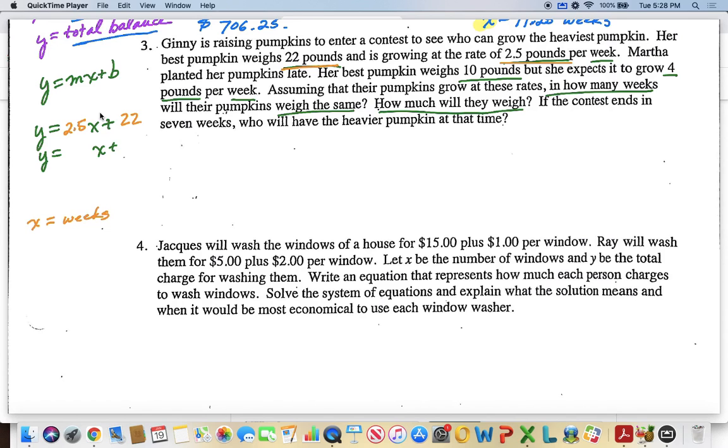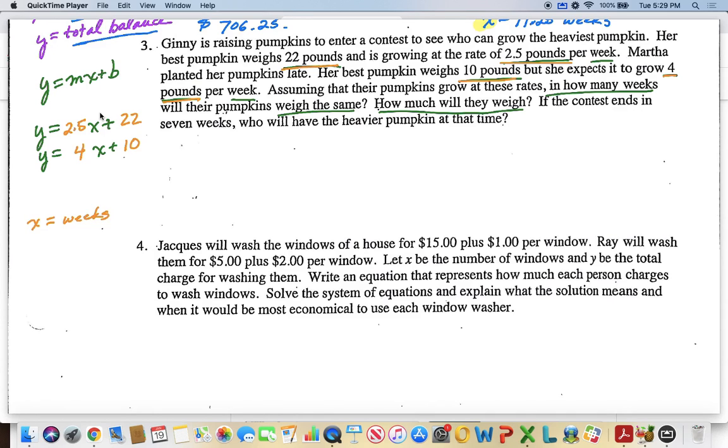Her best pumpkin weighs 10 pounds, so that's our starting value, our b. And then she's going to grow at 4 pounds per week. So that's 4 times x, because remember, x is the number of weeks. All right, so we have two equations in the y equals mx plus b form.